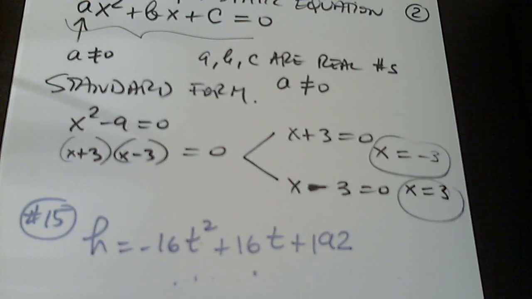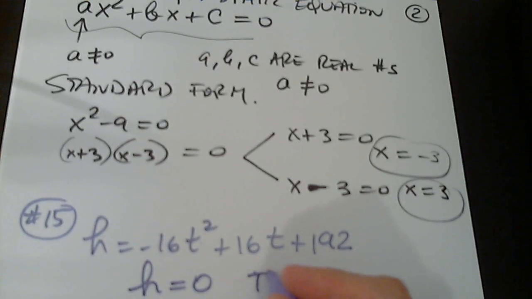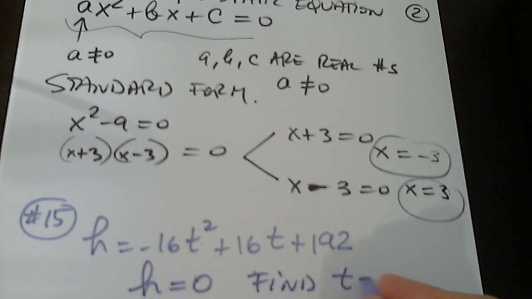So once it hits the ground, what will be the height of the ball at that instant? 0. Exactly. That's all I have to do. I have to solve the equation h equals 0 and find t. Exactly. What is t when h is 0?